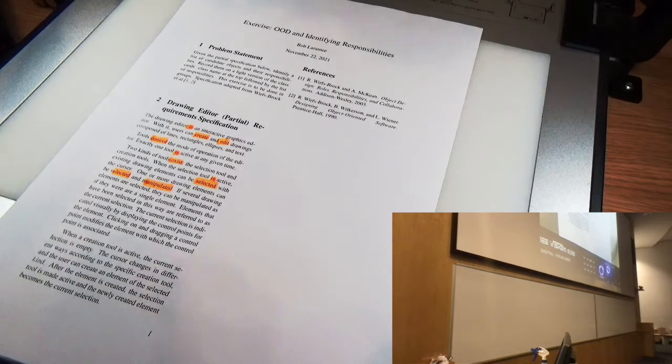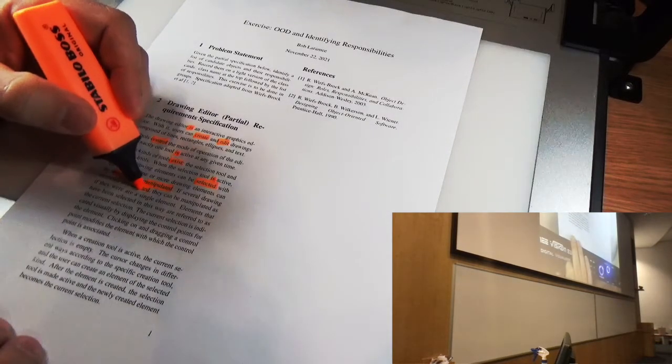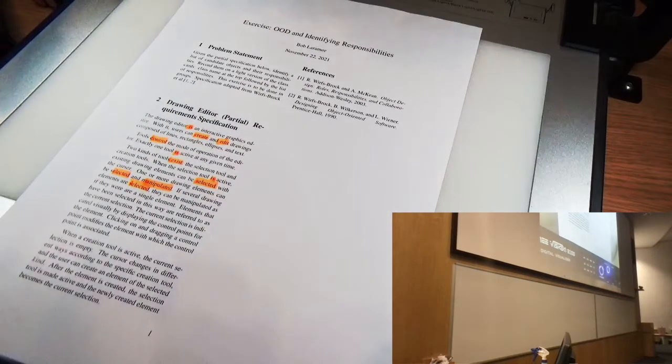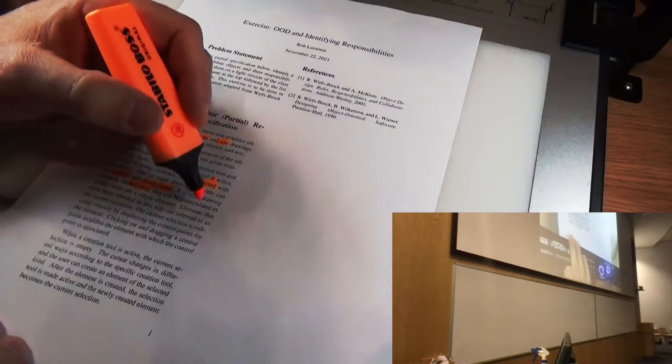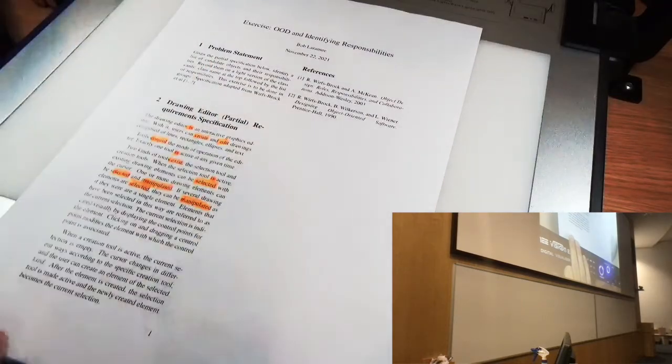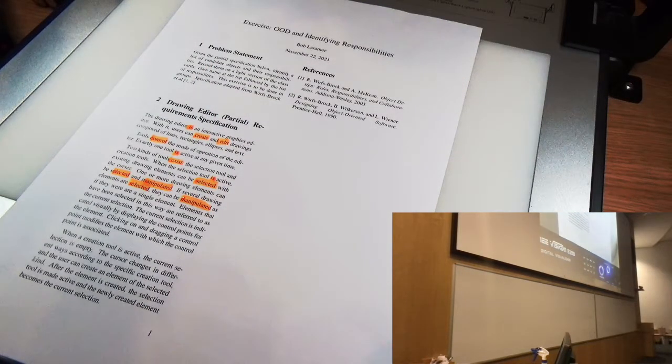If several drawing elements are selected, I'm leaving out the are, because that's something like a helper verb. There's a name for that, but I can't remember what it is. They can be manipulated as if they were a single element. So there it is, manipulated again. As if they were a single element.